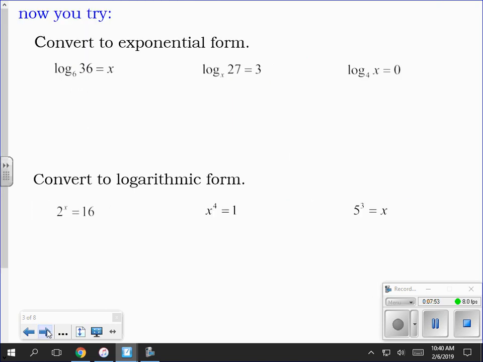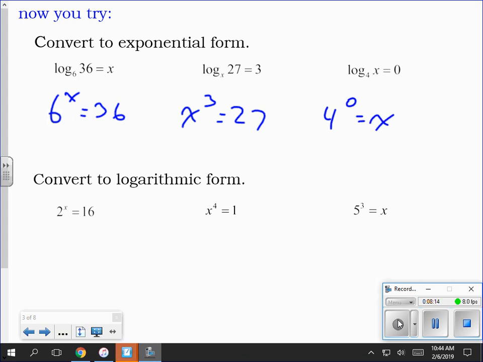So now it's your turn to try. So, once again, this is fairly simple. The base of your logarithm is the base of your exponent. 6 to the x is 36. X cubed is 27. 4 to the 0 is equal to x.